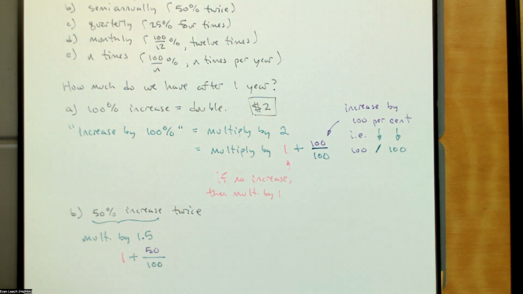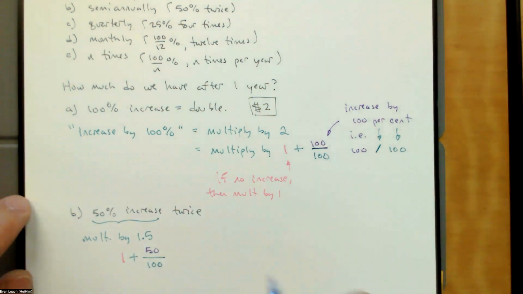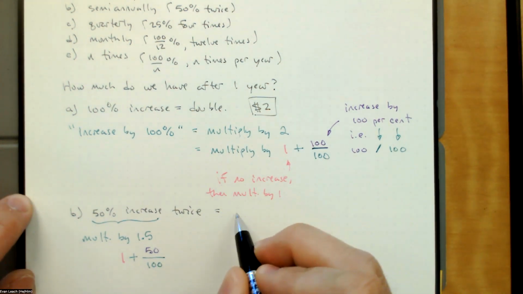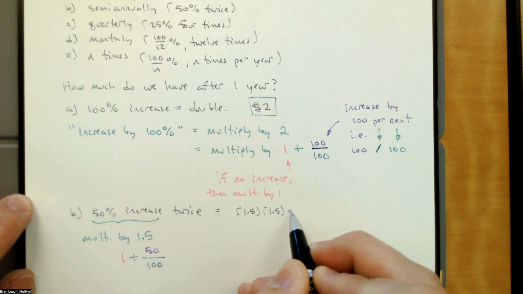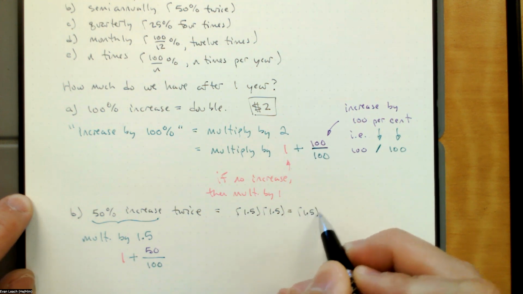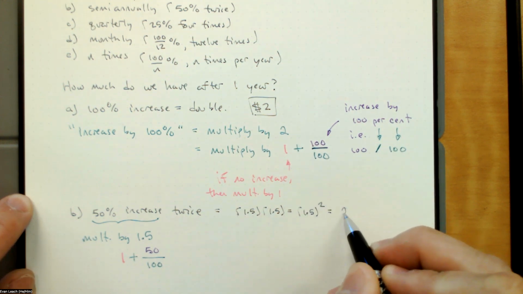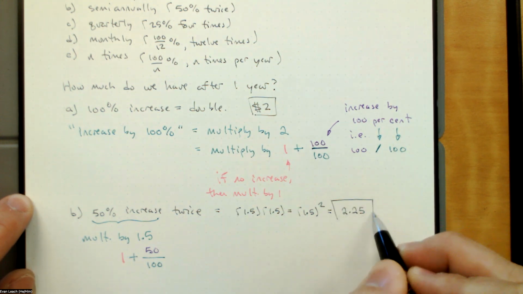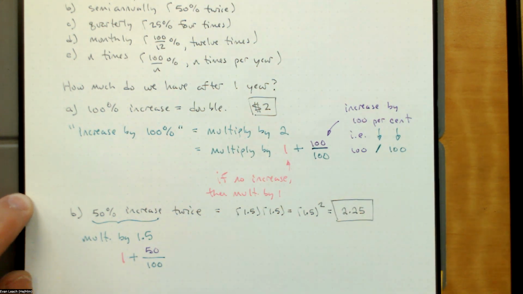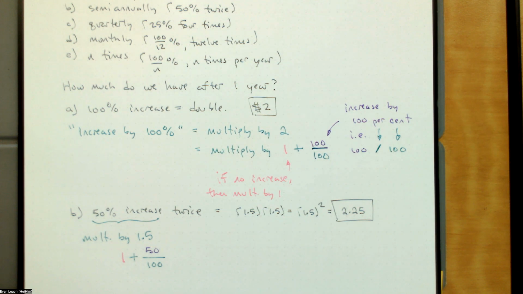And we're going to multiply by 1.5 twice. 2.25.